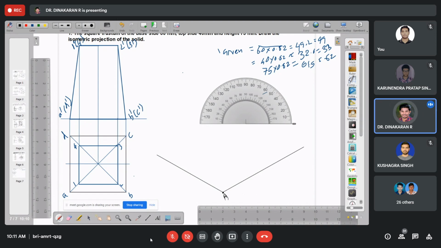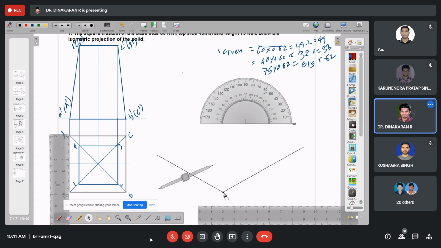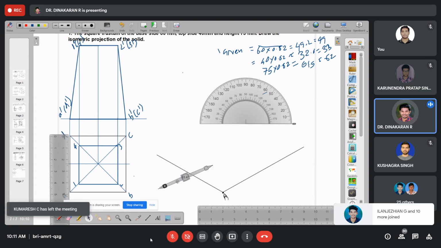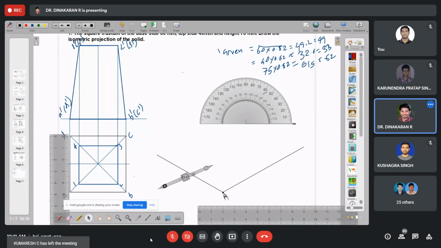Next take a compass. For easy conversion you can use a compass, otherwise use a scale. Totally 49 only will come now, a square only.